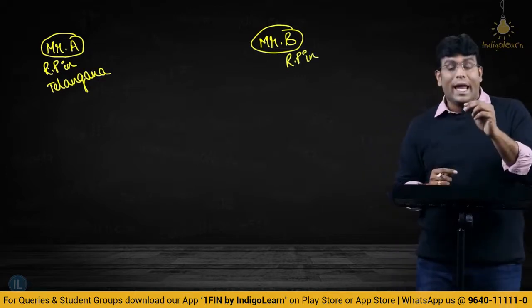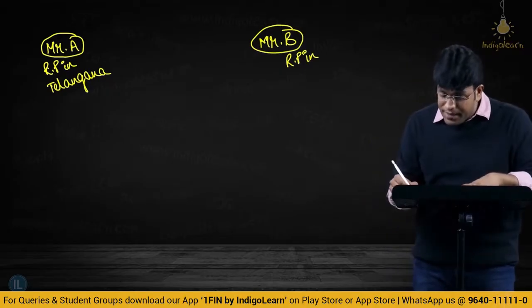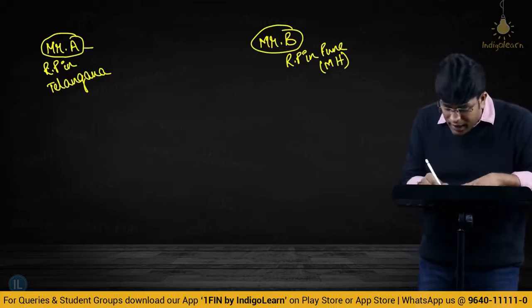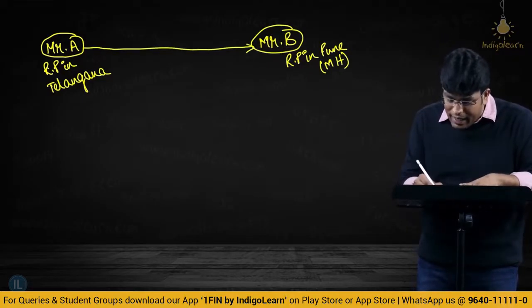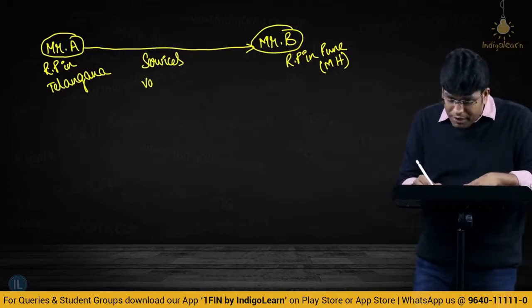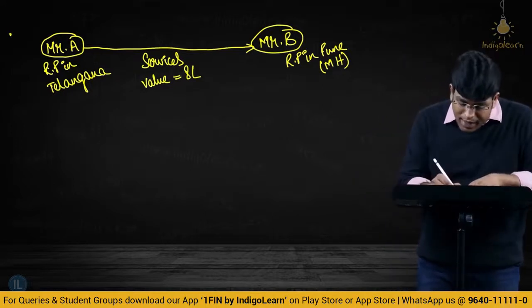I repeat one more time: A is a registered person in Telangana and B is also a registered person, let's say in Pune, which is a part of Maharashtra. Correct, friends? Now let's say A supplied some services to B, where the value of services is, let us say, 8 lakh rupees. And this all happened in the month of April.